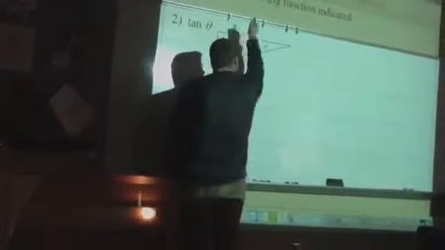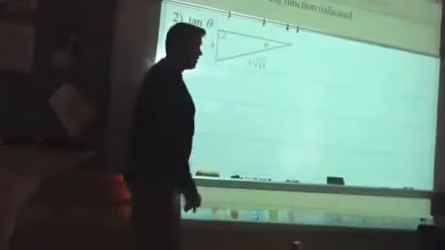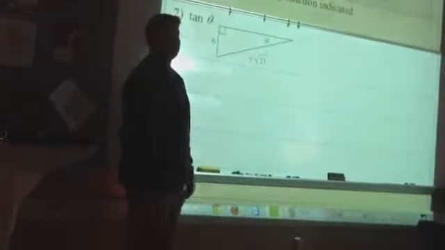Here's theta. That's the opposite side. Hypotenuse. This is adjacent. That's blank. So we're probably going to solve for that one. Would make sense. If that's the hypotenuse, this is C. This can be A or B. It doesn't matter.